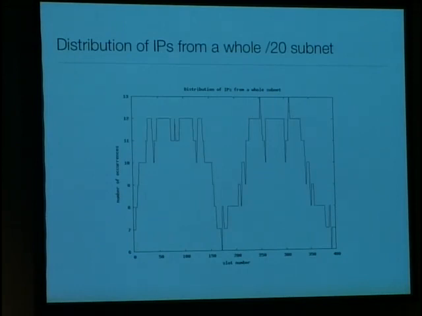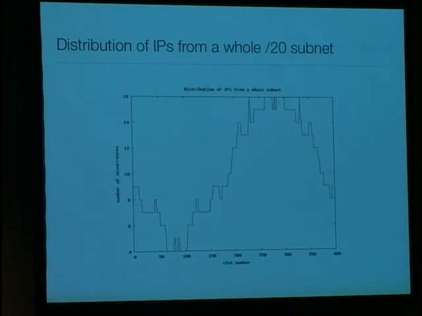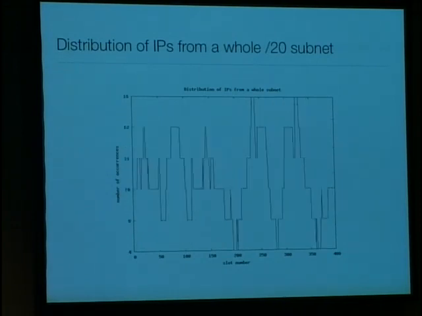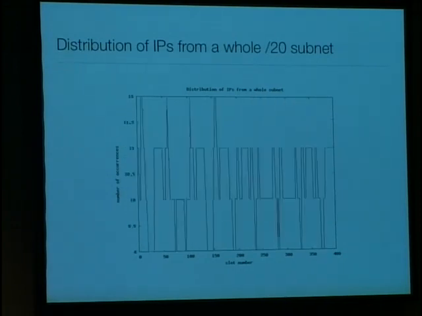It may look like this. It may look like this. It may look like this. Or this. So it's not really easy to predict how the distribution really is going on.